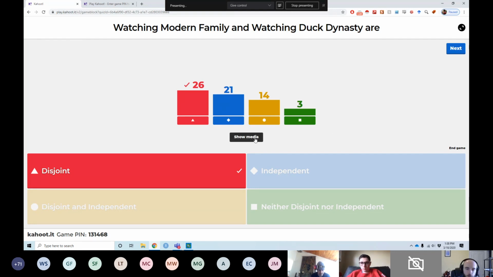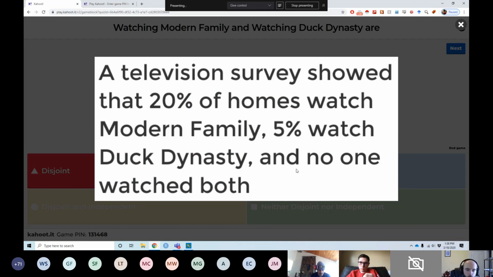So if we look back, it says no one watches both. If nobody watches both Modern Family and Duck Dynasty, and I use this as an example because it was about 5-ish years ago, but that's exactly what they found, that no one who watched Modern Family also watched Duck Dynasty, and the other way around. In that case, those are what we call disjoint. The two don't really overlap.